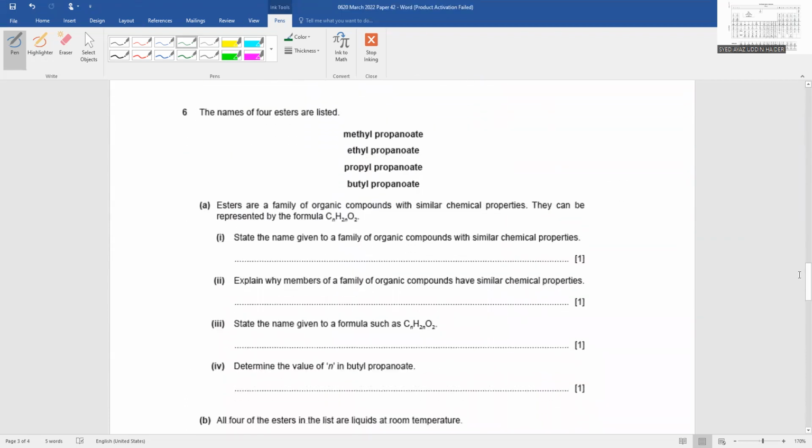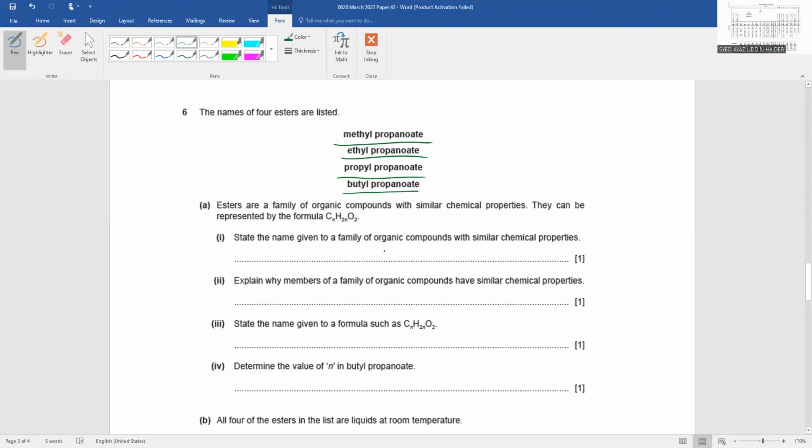The names of 4 esters are listed: methyl propanoate, ethyl propanoate, propyl propanoate, butyl propanoate. Esters are a family of organic compounds with similar chemical properties. They can be represented by the formula CnH2nO2.